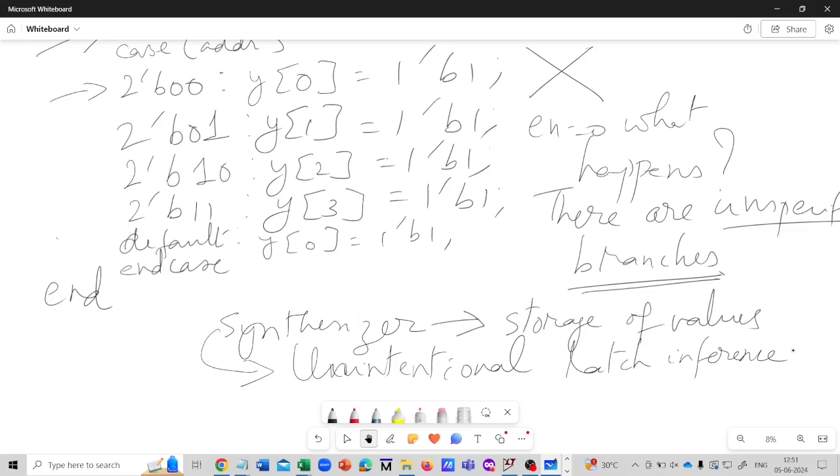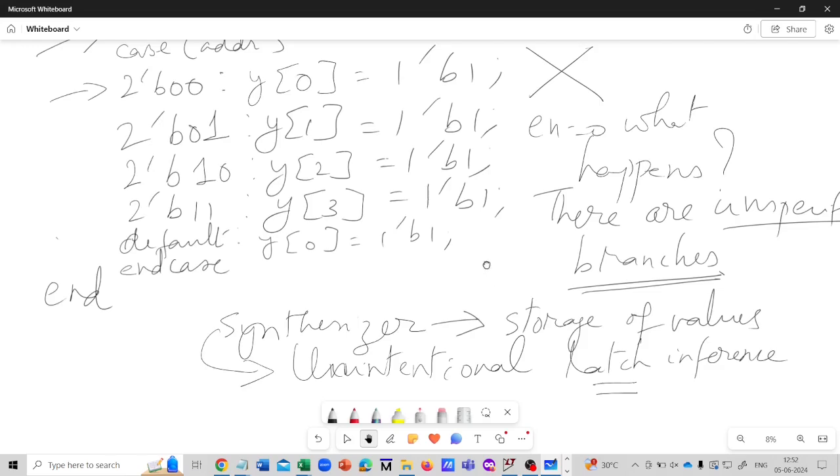That means we end up with 4 latches respectively for y0, y1, y2 and y3. Something that was not intended by the designer in the first place. So for a combinational block, we are ending up with latches, which is wrong. Therefore, this coding style for modeling the decoder is wrong.